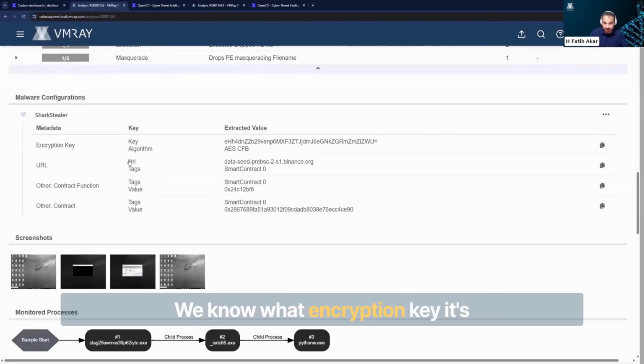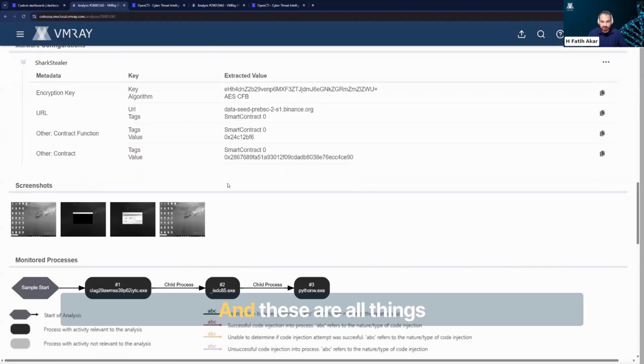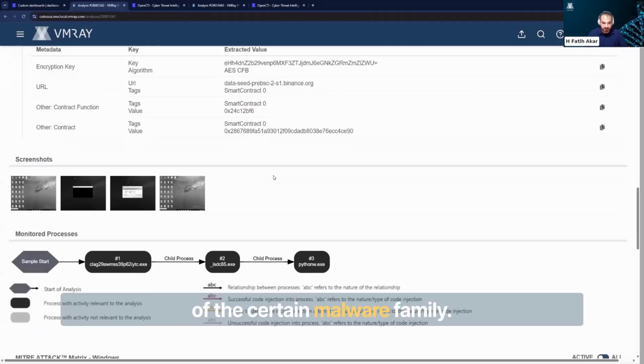We know what encryption key it's using, what the algorithm behind it is, what URL it is trying to connect to in order to get the secondary stages of the same attack, and also some other stuff around the control functions. And these are all things that depend on the style of the attack, actually. And it's just going to be tailor-made for every version of the malware family.